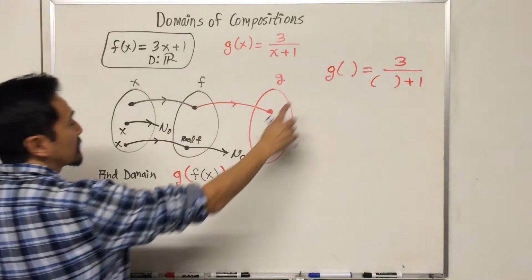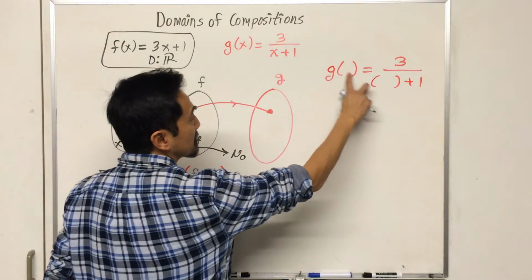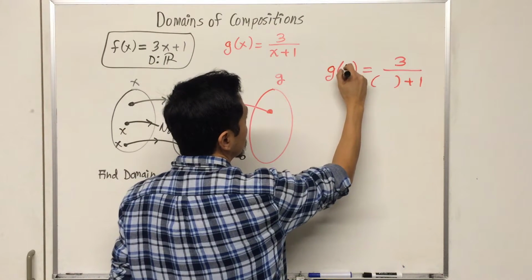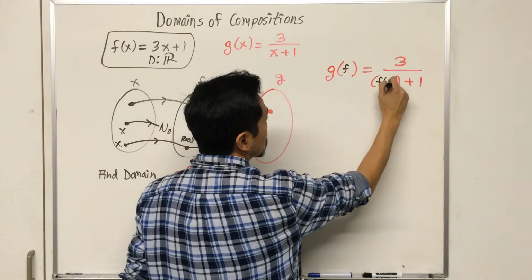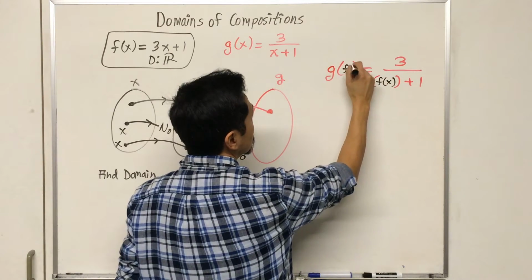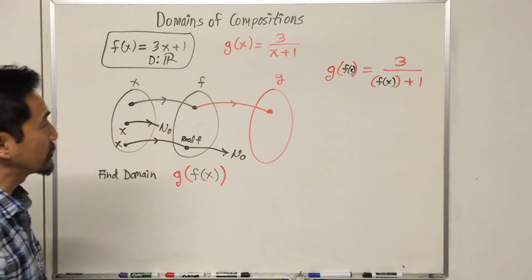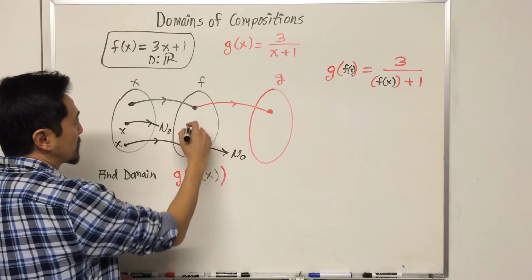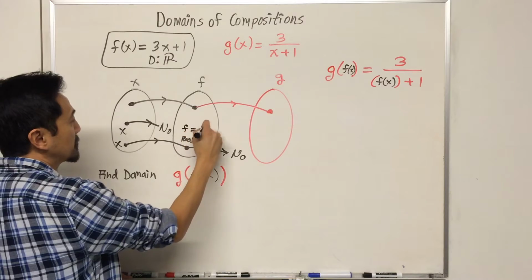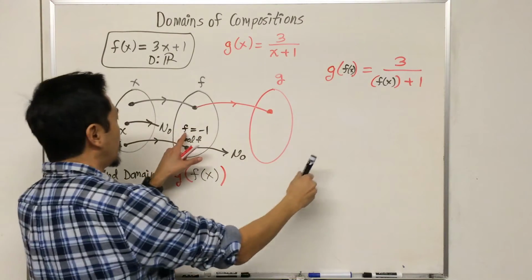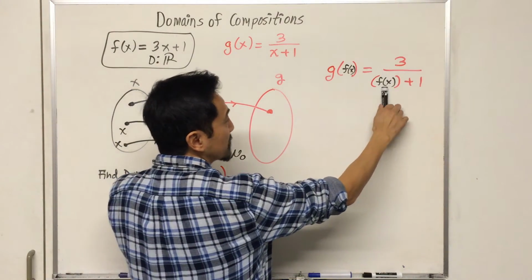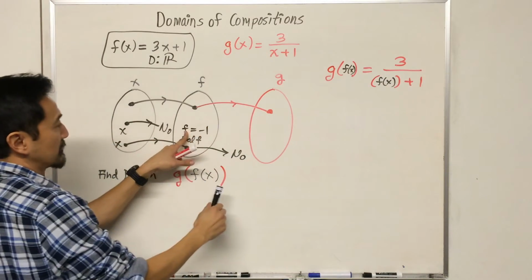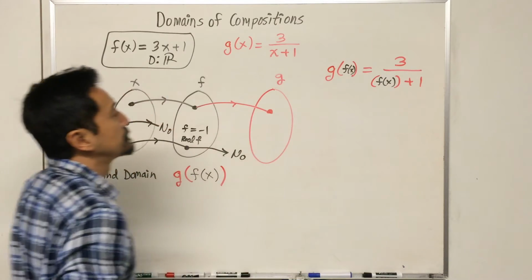But what is g taking in as input? The answer is f. Right? So we're talking about f values. Call it f of x to be more specific. Okay? And now, what are we worried about? We're worried about the f value becoming -1, right? Because if f in black is -1, then -1 plus 1 would then be a 0 in the bottom, in the denominator, and then g would become undefined.